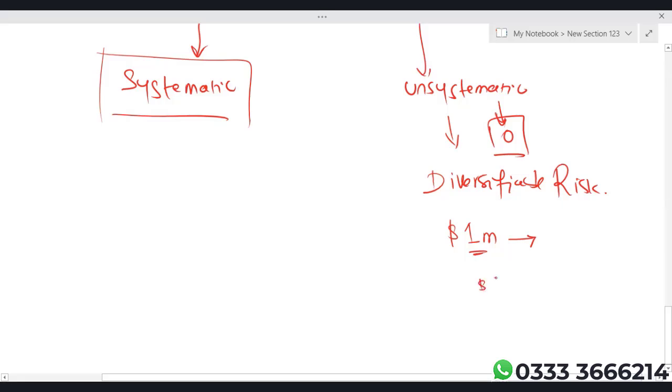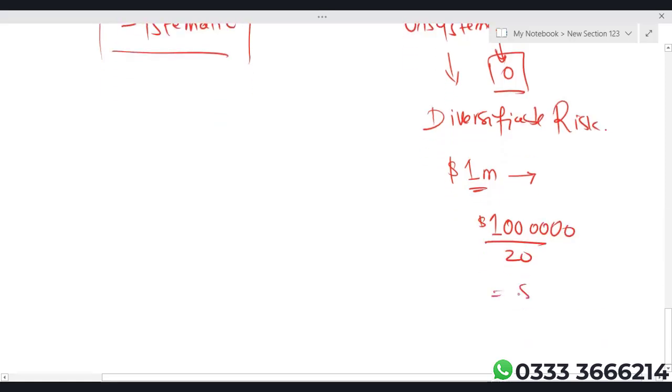Now, another way of investing at a stock exchange is 1 million divided by 20, which gives $50,000, which is 5% of 1 million. It means if someone invests in 20 different organizations, and in each company you invest $50,000, which is 5% of your total investment, we can say that you have a well-diversified portfolio of investment.